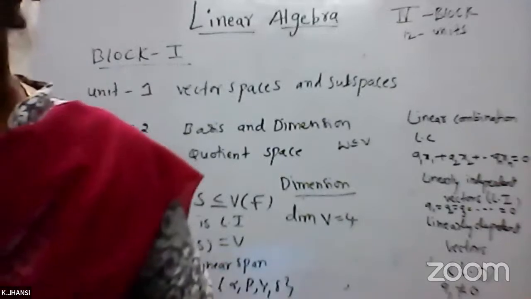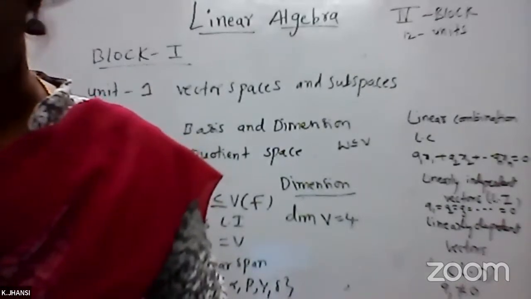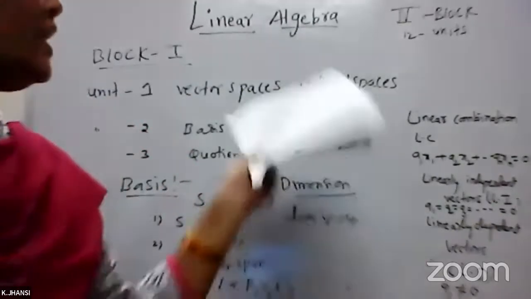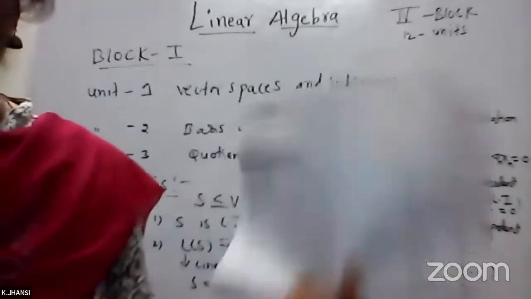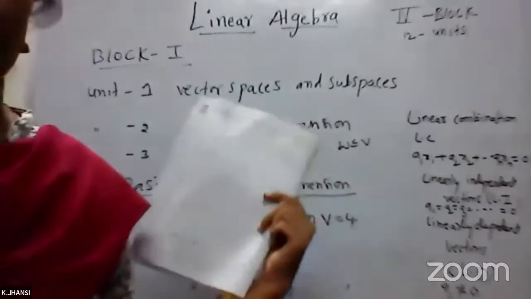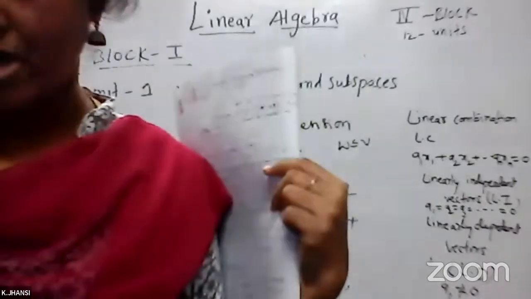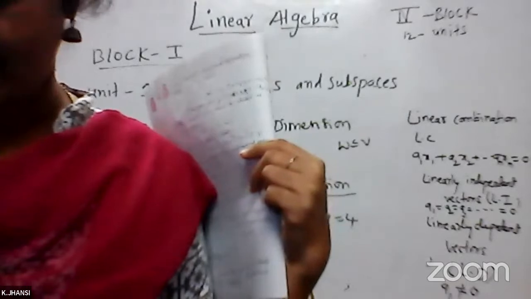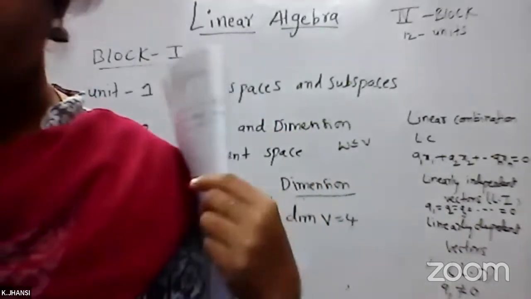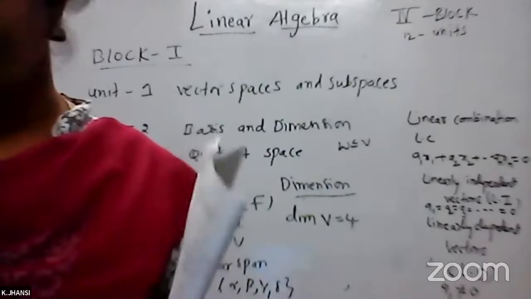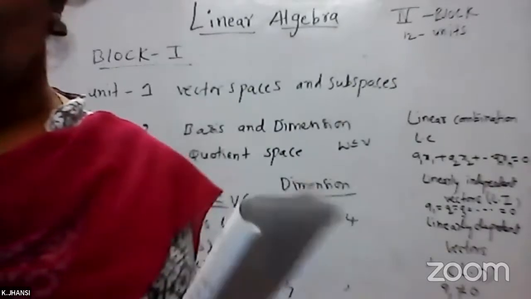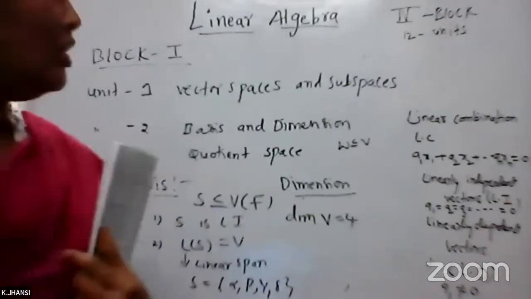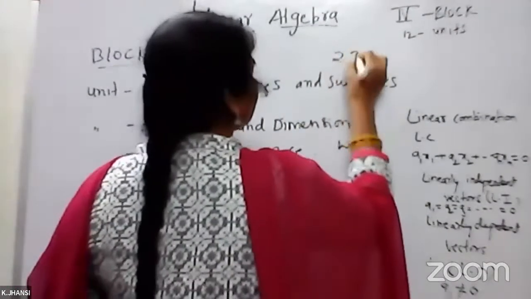Linear algebra is almost entirely theoretical. Problems you will rarely get, only in block 3 and block 4. In the first and second blocks, you will compulsorily get the theorems, with only small 5 marks questions. On page 16 you have basis and dimensions, and on page 17 you have the theorem 2.3.3.